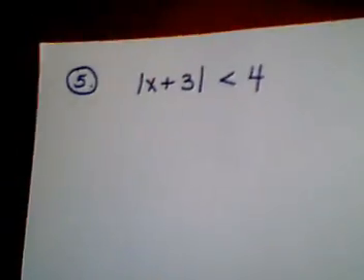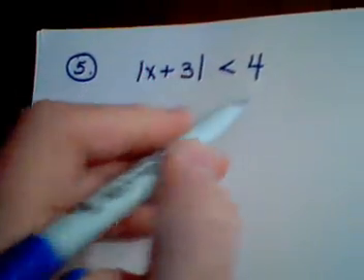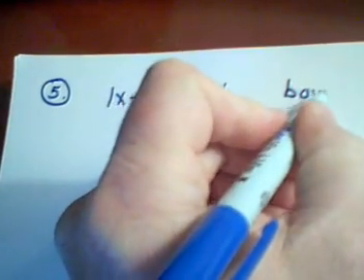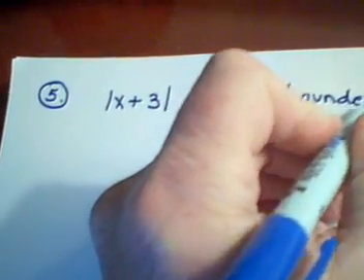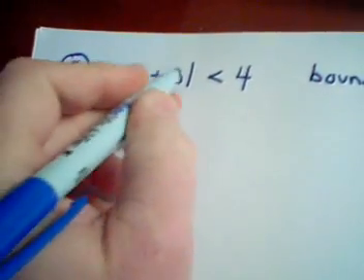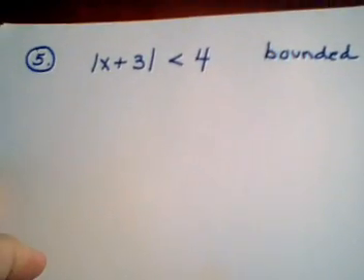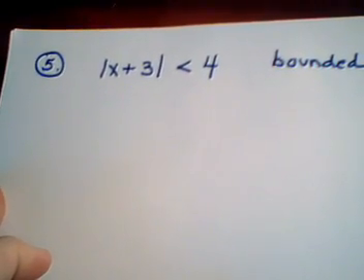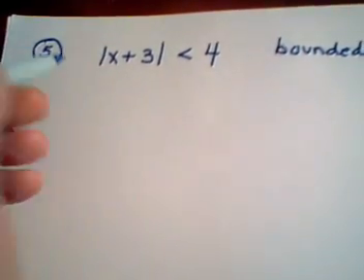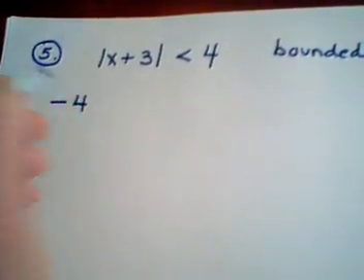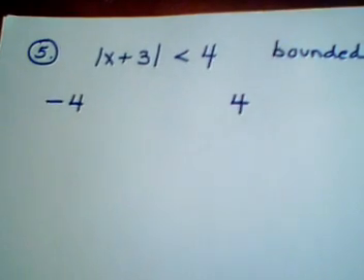Now, let's take that concept and work with this problem. This is a bounded inequality. And what I mean by bounded, we'll write it in a minute. If distance is less than 4 blocks away from 0, that means that you are sandwiched in between -4 and +4.